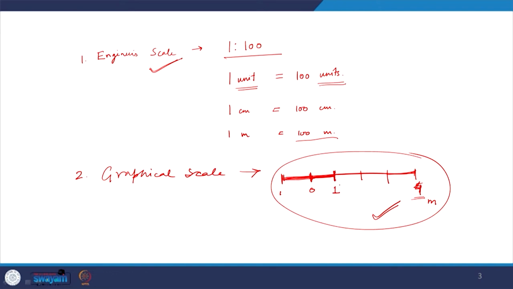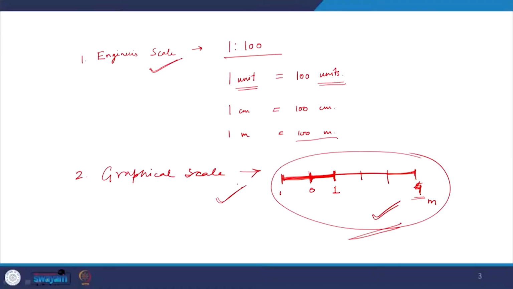So the paper has shrunk, this particular distance has also shrunk simultaneously, and that is how the graphical scales are actually used: to measure it by using a tool and then read the dimension. That is the intent of using a graphical scale.